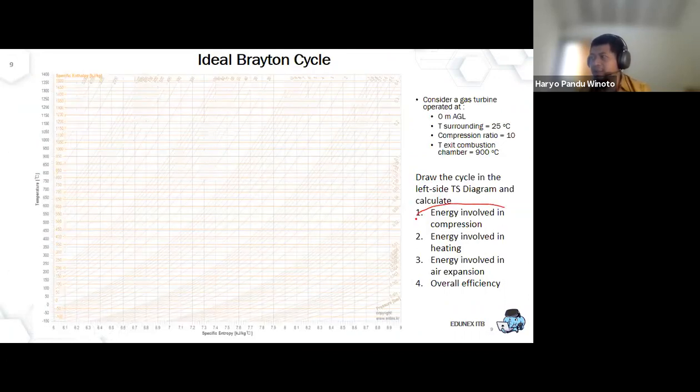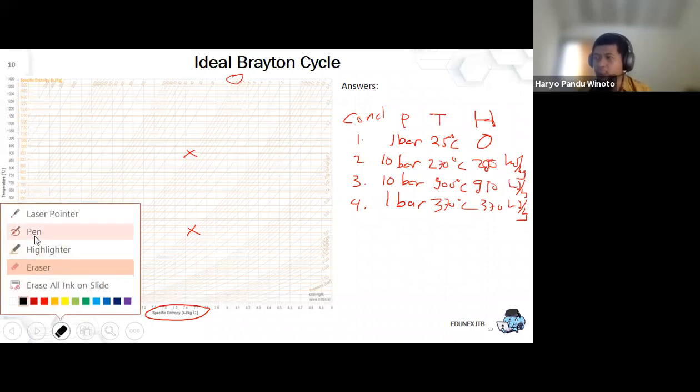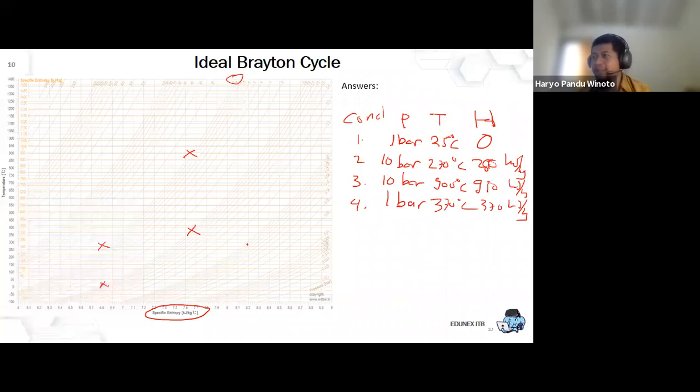Energy involved in compression. Okay, so I'm going to erase this one. What is the energy involved in our compression? Energy used in compression, Wc, is equal to what? It's simple when you are dealing with the cycle. It's always m delta H. But you need to be very careful.